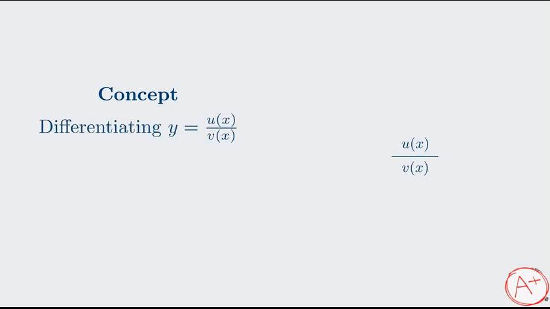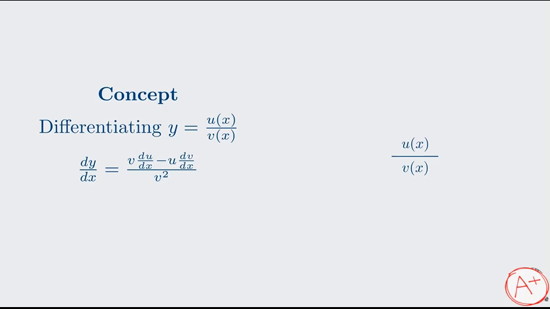Concept: the quotient rule is essential when your function y is the result of one function u divided by another function v. The formula states that if y equals u over v, then the derivative dy by dx is v times the derivative of u minus u times the derivative of v, all divided by v squared.